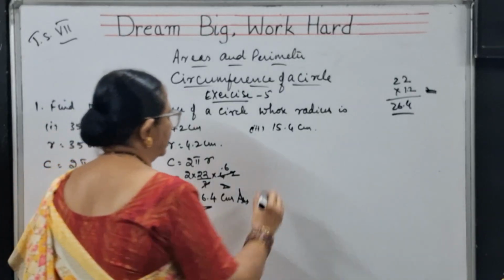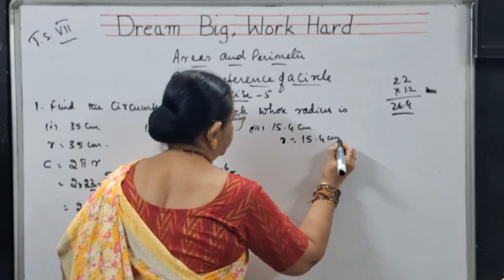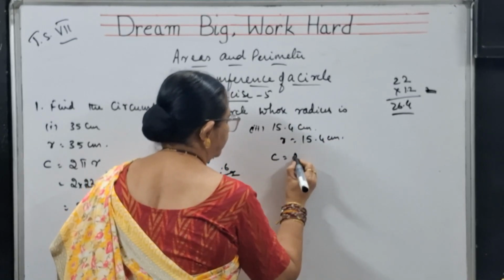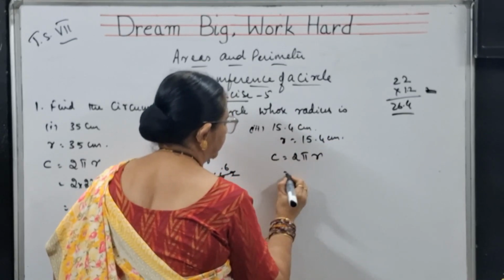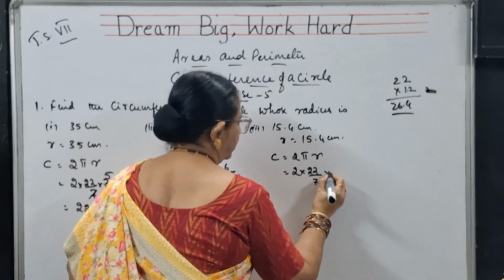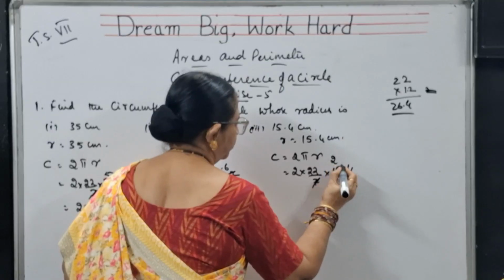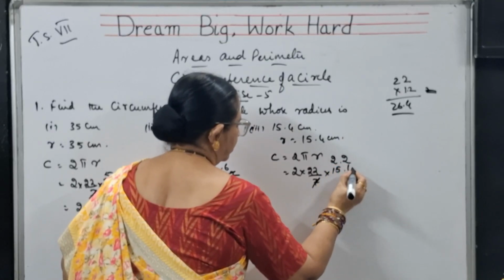Next, in case if you have radius is 15.4 centimeters, so circumference is 2 pi r, that is 2 into 22 by 7 into 15.4. So 7 twos are 14, point 7 twos are 14.